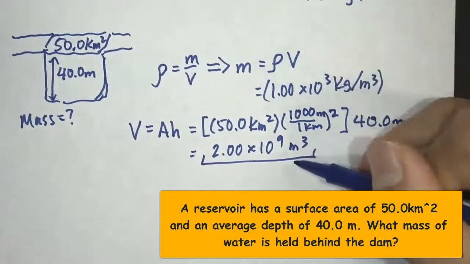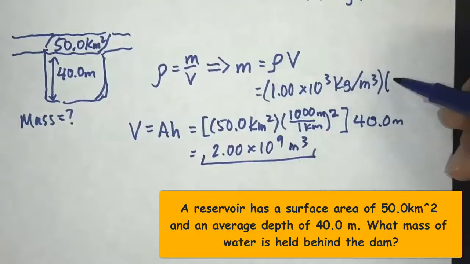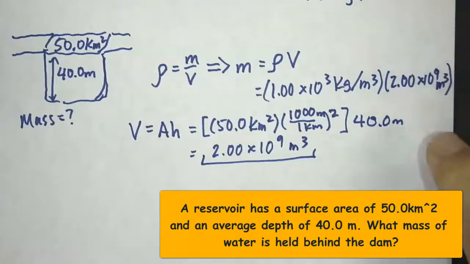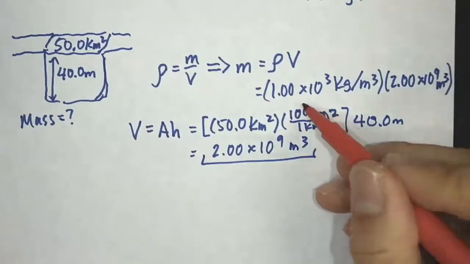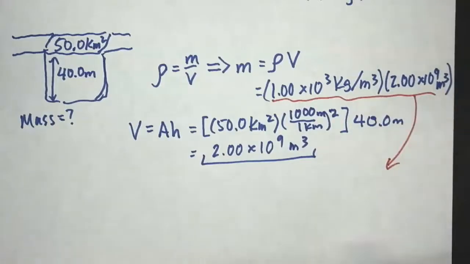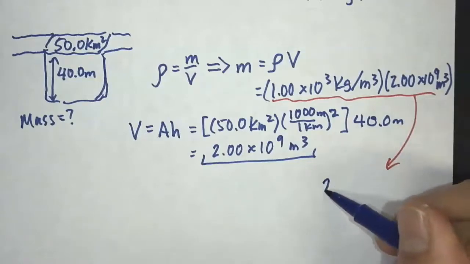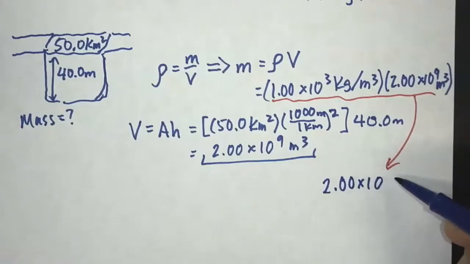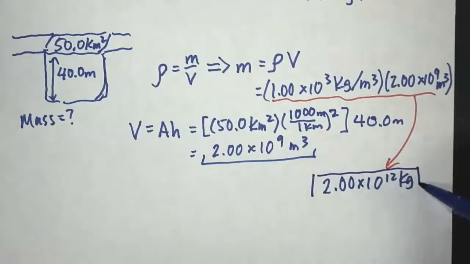So the volume, take this volume, it's going to go up here, is going to be 2.00 times 10 to the 9th meters cubed. Okay, and sorry about that, but ran out of space, so we're going to go down here. And we calculate that, we get 2.00 times 10 to the 12th kilograms, and that's the amount of mass of water that is in that reservoir.